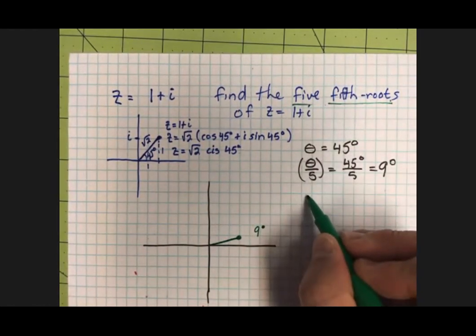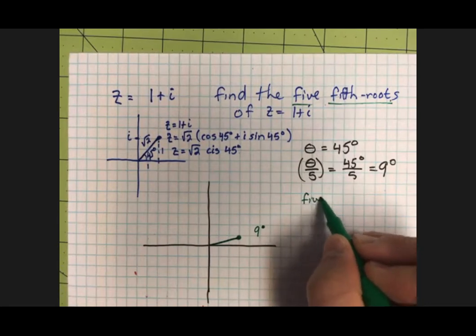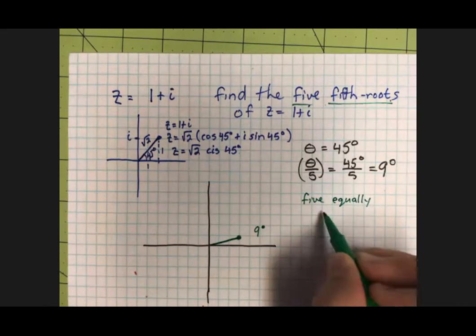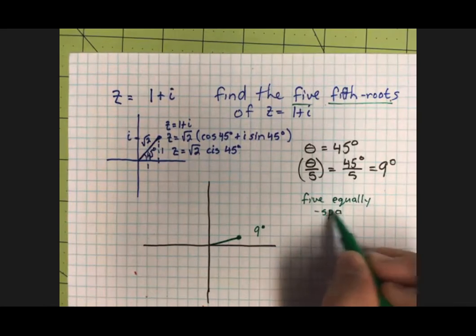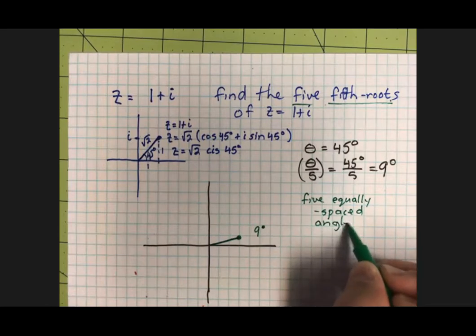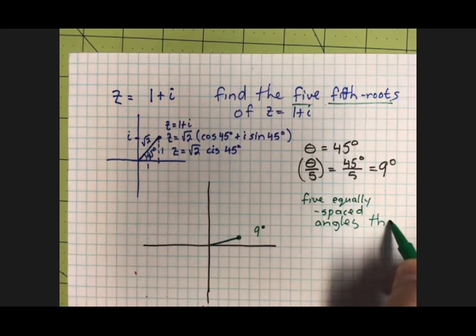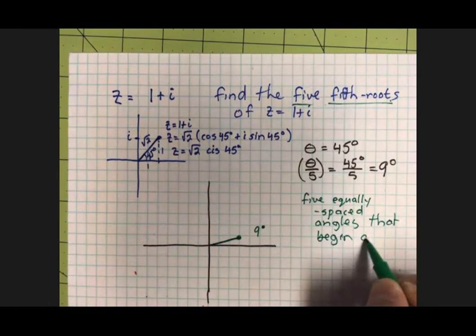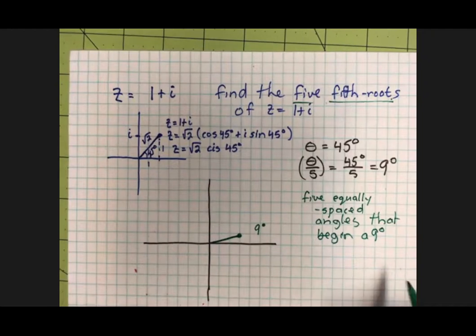I need five equally spaced angles that begin at 9 degrees.